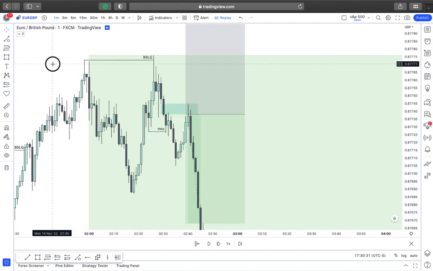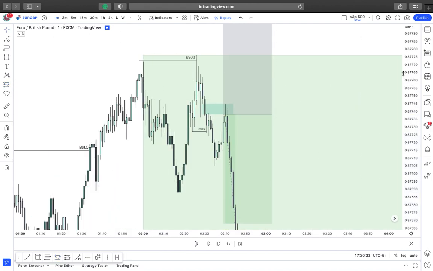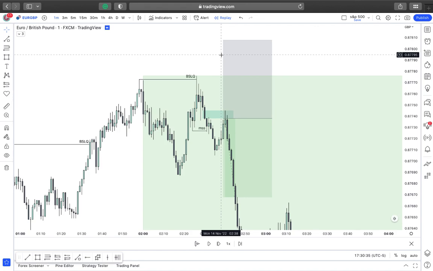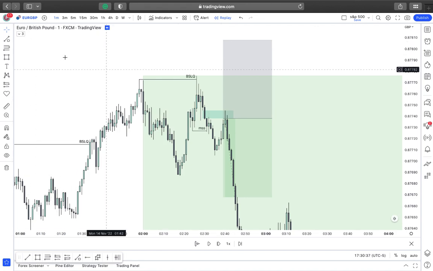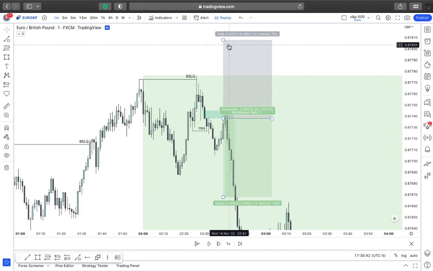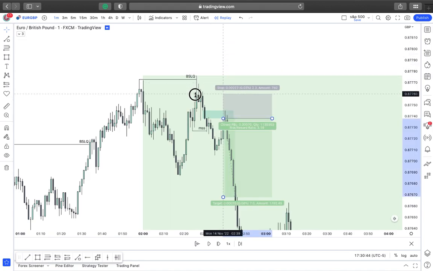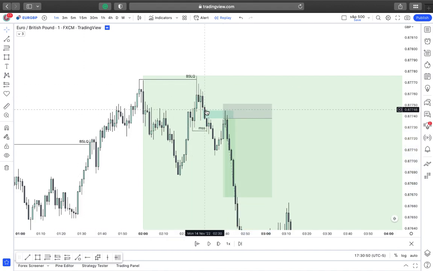But currently in this scenario, we don't know if this pair, this Euro GBP, respects it if we put our stop loss somewhere over here, like we normally used to do on Euro USD.